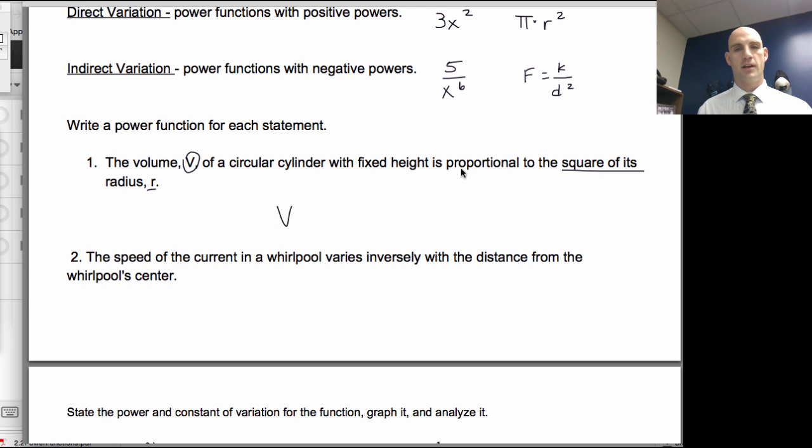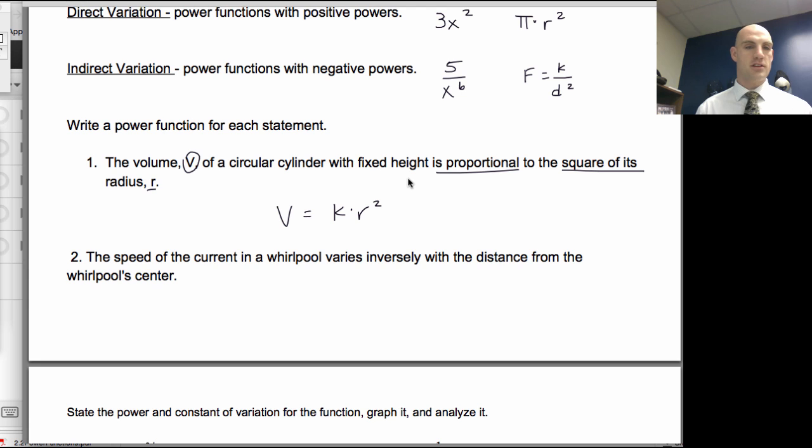Volume is proportional to the square of the radius. So I know I've got an r squared here. My volume is proportional to my radius squared. And so my volume is equal to my k times my radius squared.